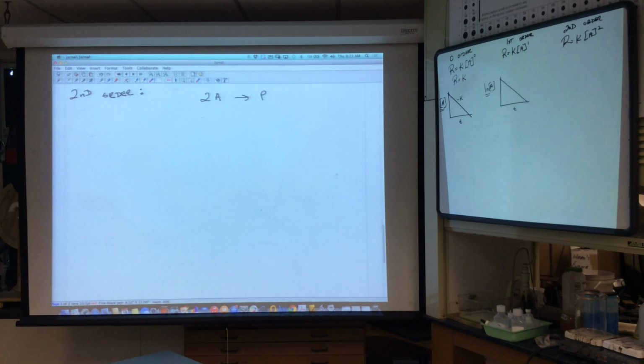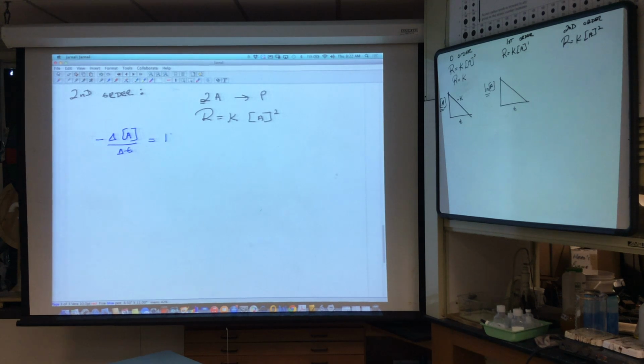So what's R equal? R is equal to k[A] squared, because it's the only elementary step. Change of rate would be the negative change of the concentration of A over the change in t. That's my rate.